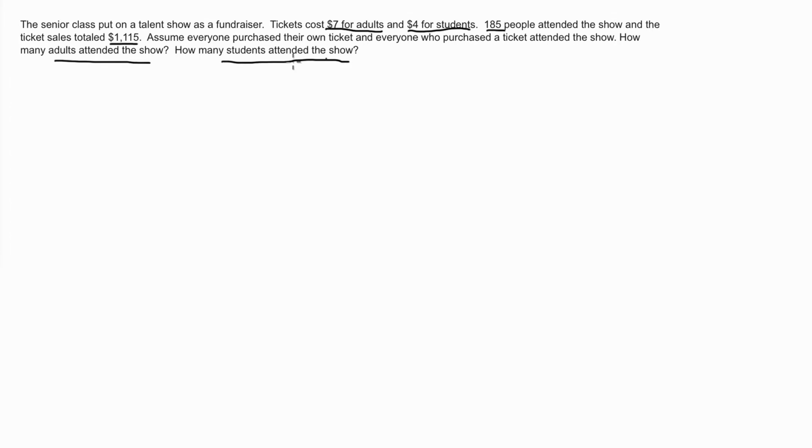So the first thing we're going to have to do here is define our variables. The question, what you're trying to solve, usually helps you figure out what those variables should be. So how many adults attended the show, how many students attended the show. Those are going to be our variables. So let's have A equal the number of adults who attended the show.